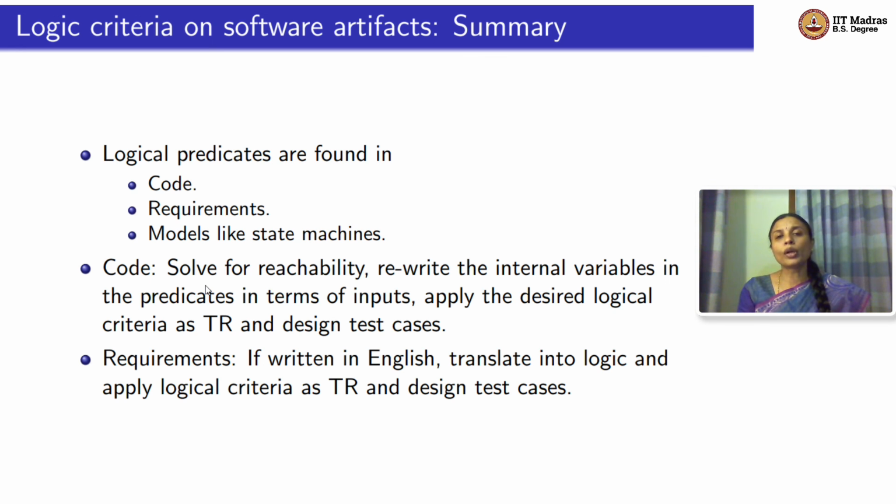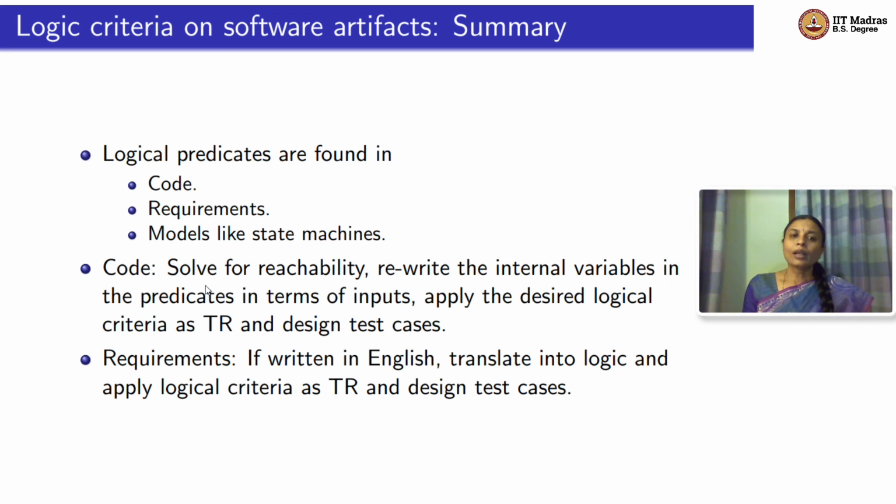And then you have to apply the desired coverage criteria on the new predicate that you get that satisfies reachability and has gotten rid of internal variables. If I apply my test requirement for my desired criteria on the transformed predicate, I am ready to execute it as a test case. To get the test case, I have to pass it to a SAT solver, which is the next module that I'm going to briefly introduce you to.